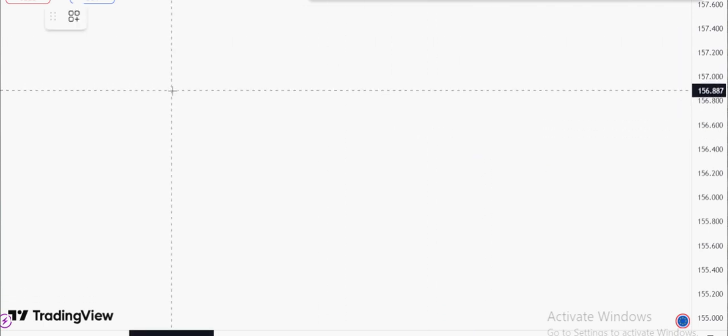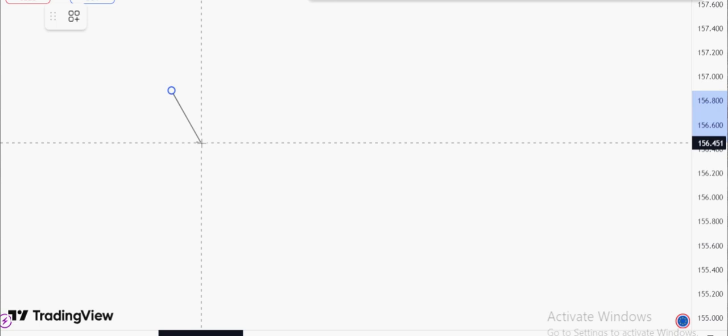And then the third type of trend is one where, as we said, the bullish trend creates higher highs and higher lows, and the bearish one creates lower lows and lower highs. In a sideways moving market, the markets are not going anywhere.